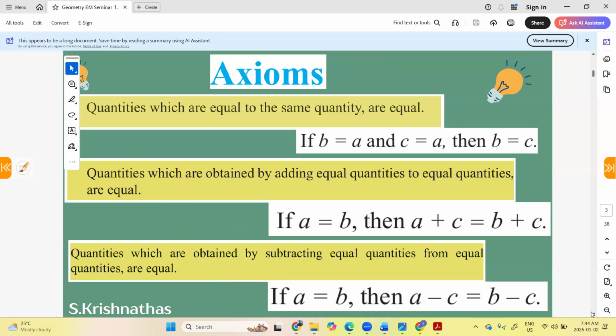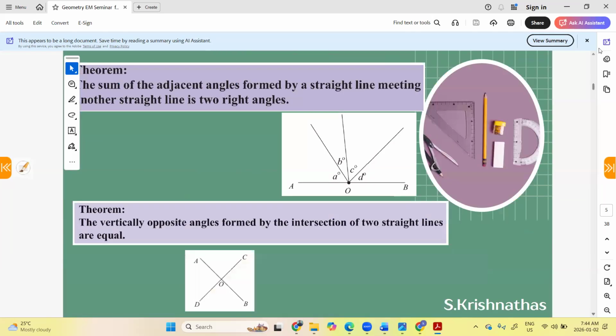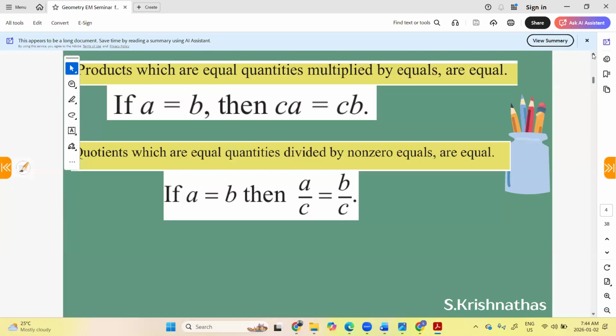Right. Now, next one. Products which are equal quantities multiplied by equals are equal. That means, students, if A equal to B, I multiply A by C, B by C. Then both are equal. Okay.